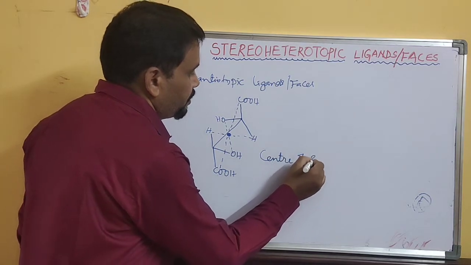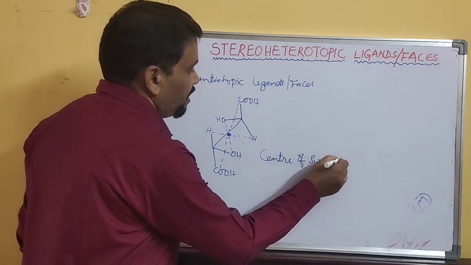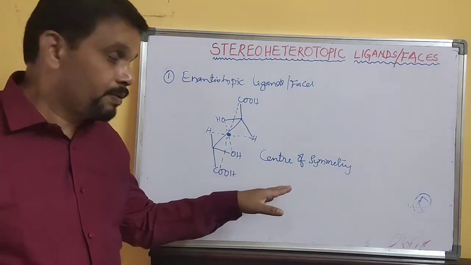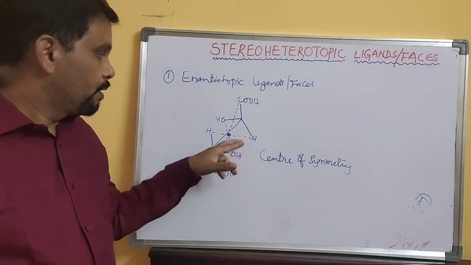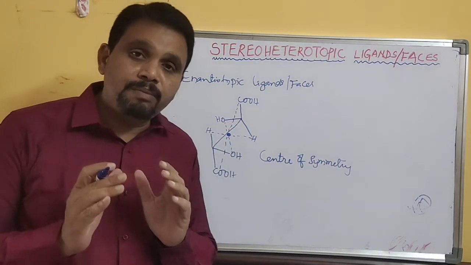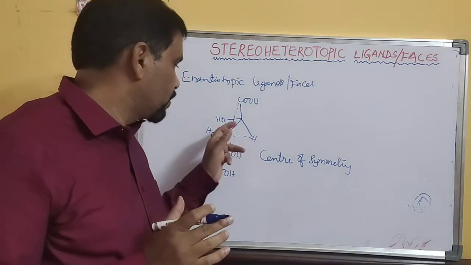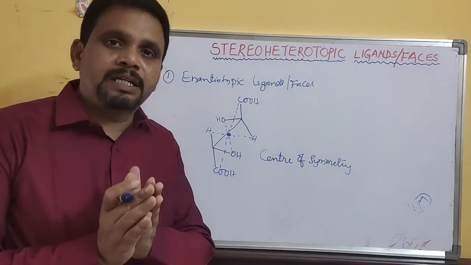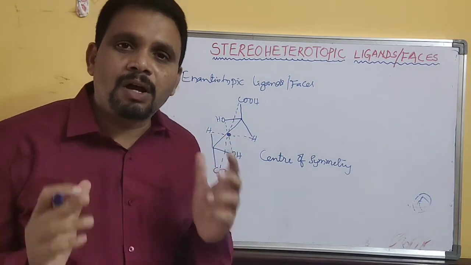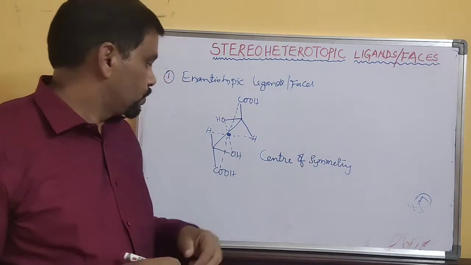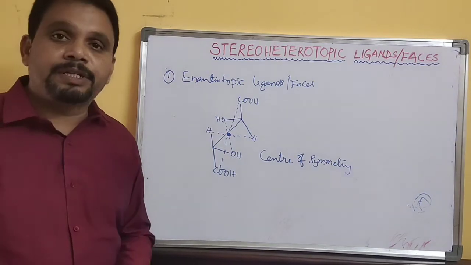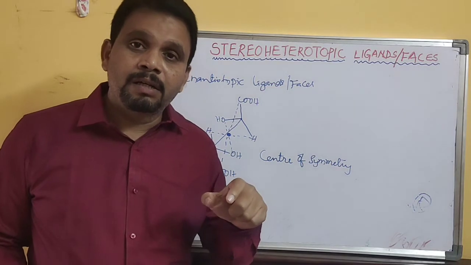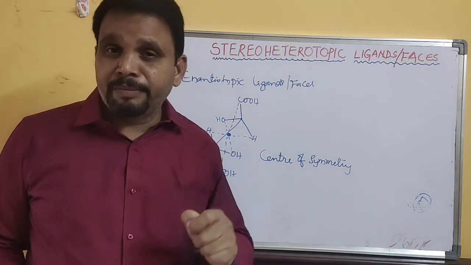So this is called the center of symmetry. What is the center of symmetry? When you connect the same groups in that molecule, if all lines go through one center, then that center is called the center of symmetry. So here it has a center of symmetry. As I said in the beginning about the definition, do you remember?